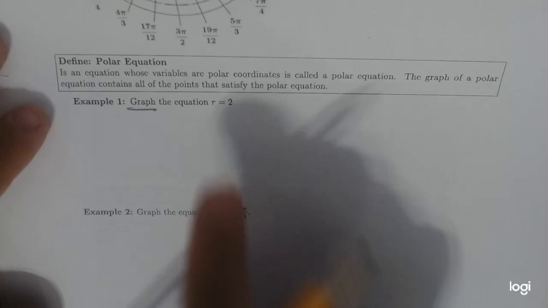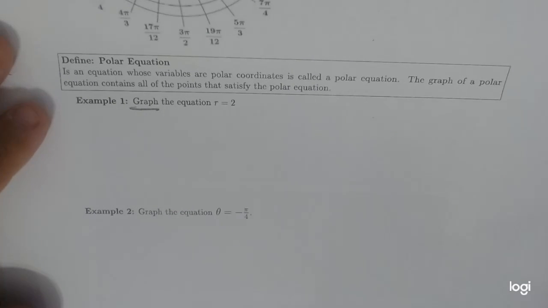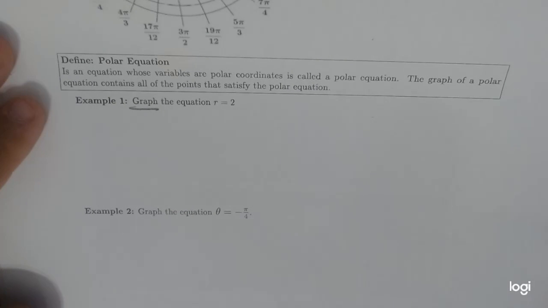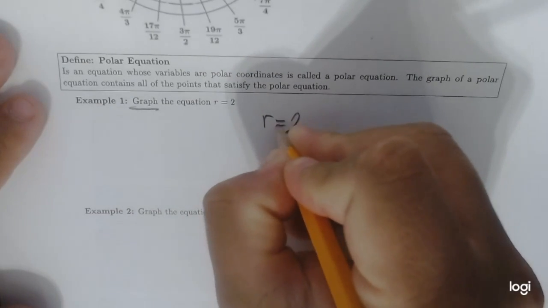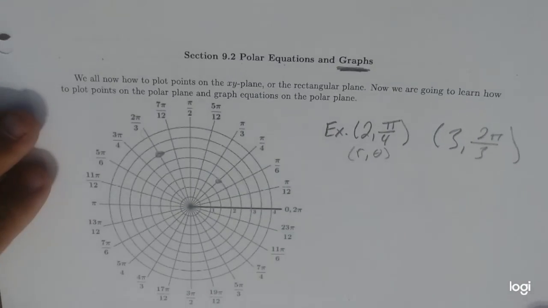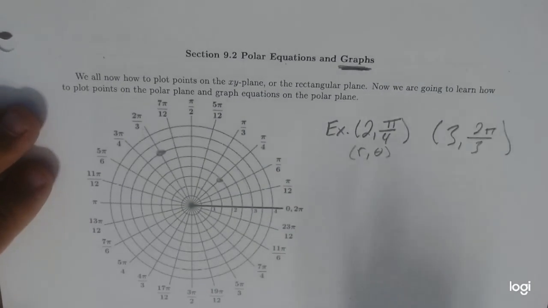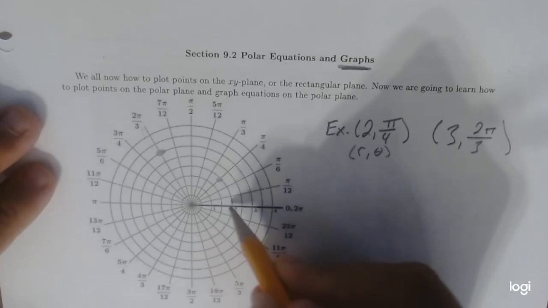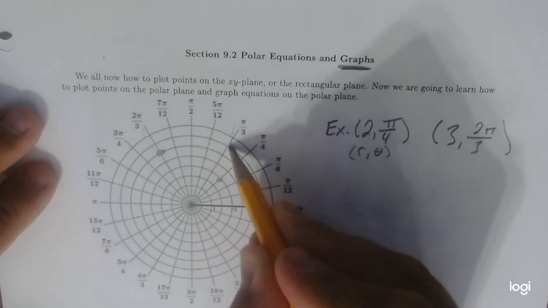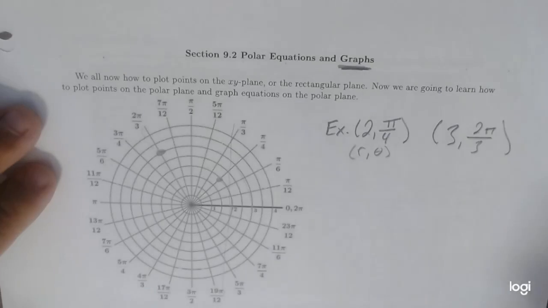Okay. So first one, we want to graph the equation r = 2. Now this is kind of weird, because if we go back a section, r = 2 is saying it's a vertical line going up and down at r = 2, kind of like the x values. If you go over here, you literally have a line going like that, which is pretty crazy.